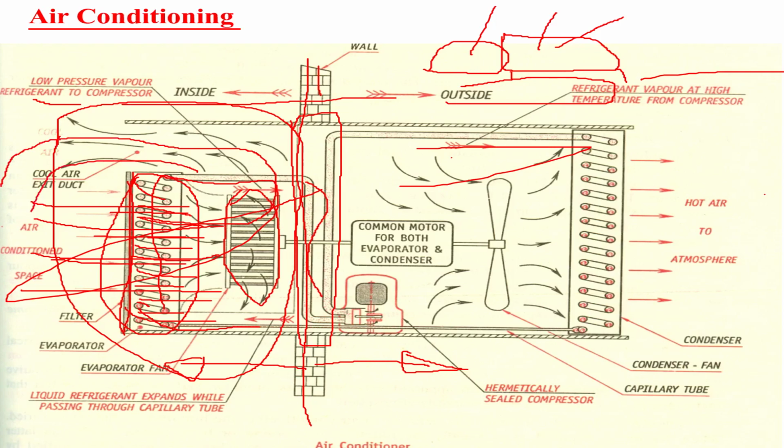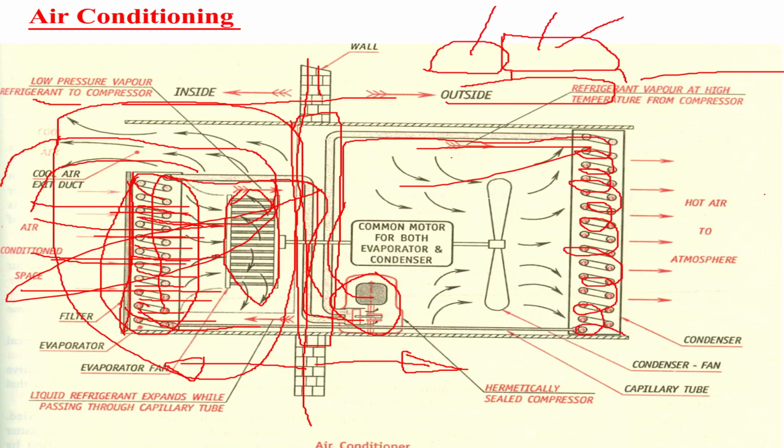Now this refrigerant which comes out here is taken into the compressor. Similar to the vapor compression cycle, here the refrigerant is compressed to increase the temperature and pressure. This high temperature, high pressure refrigerant is taken to the condenser. This is a condenser coil which is located outside the room.